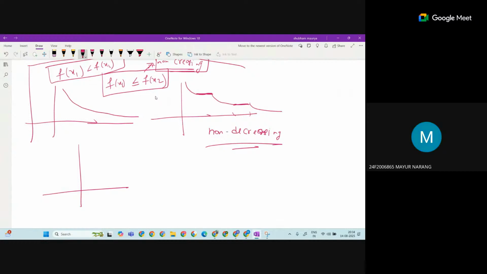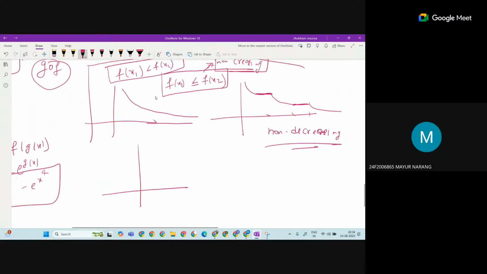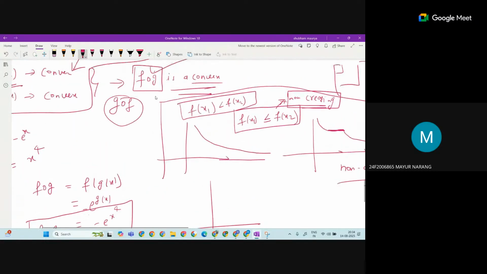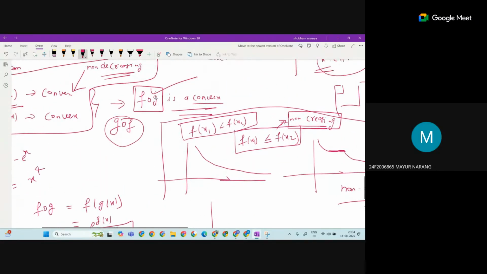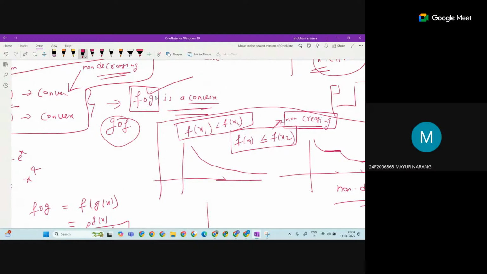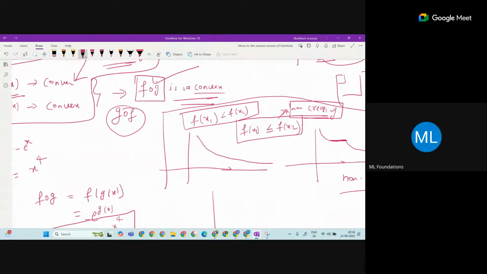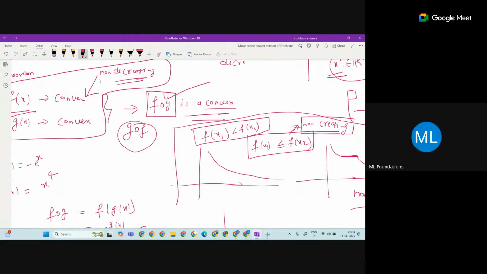One more thing. Once you have written f of g may not be convex, and after that f of g is convex, that is a bit of confusion. I said when you are not imposing the condition, you are just saying these two are convex.